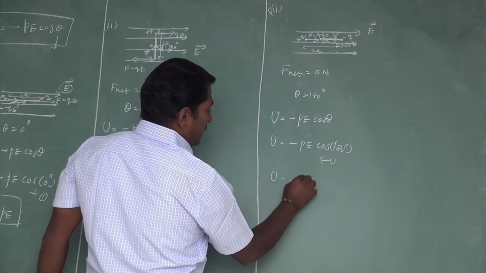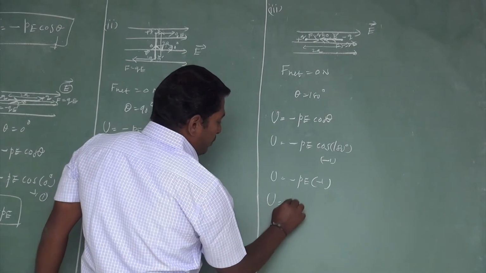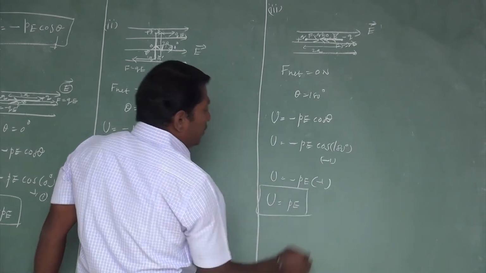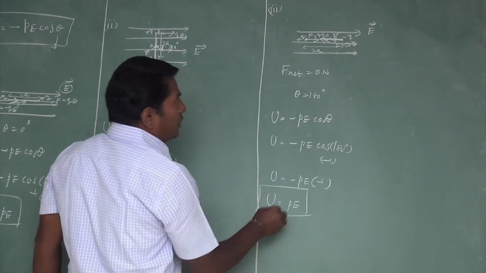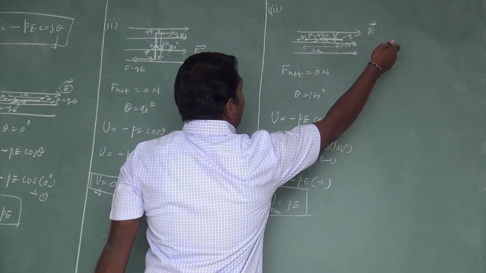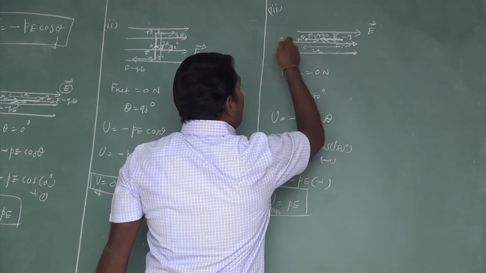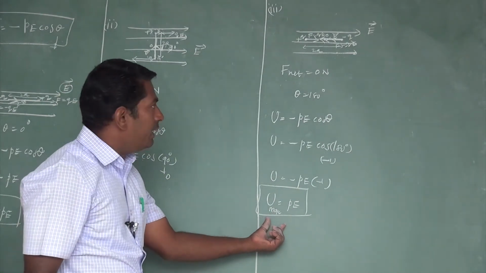U is equal to minus PE times minus 1. U is equal to plus PE. So, this is the maximum potential energy possessed by an electric dipole if the direction of the electric dipole moment is placed opposite to the direction of the electric field. It possesses a maximum potential energy.